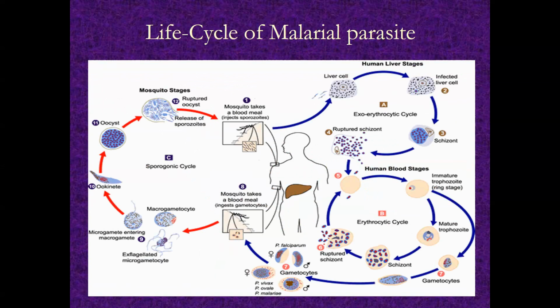The life cycle of the malarial parasite: malaria is caused by Plasmodium falciparum, a parasite, and this parasite enters into the human blood via a vector, the mosquito, which transfers the parasite into the human body after biting the human individual.